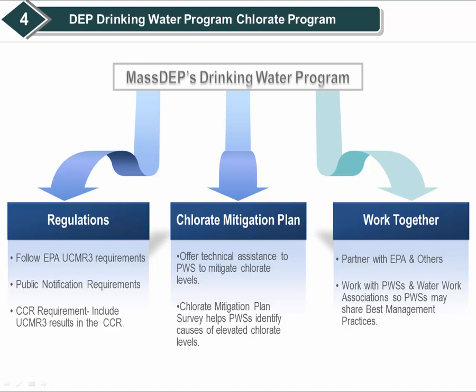Through its chlorate mitigation survey and plan, it offers technical assistance to public water systems that detected chlorates to mitigate their chlorate levels. At the same time, MassDEP works together with public water systems and waterworks associations to develop opportunities to share best management practices.